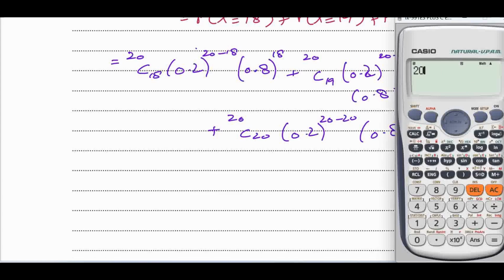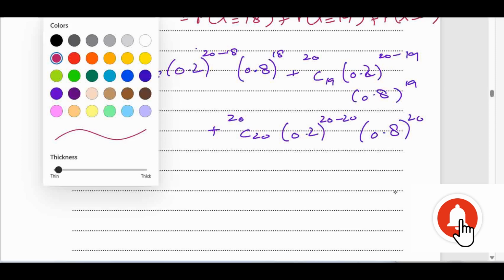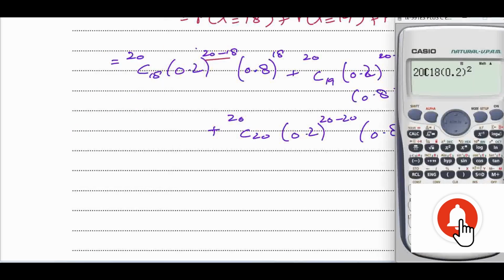20 shift C18 into 0.2 power 2 हो जाएगा, because 20 minus 18 is 2, so हम डायरेक्टली 2 लिख देते हैं.